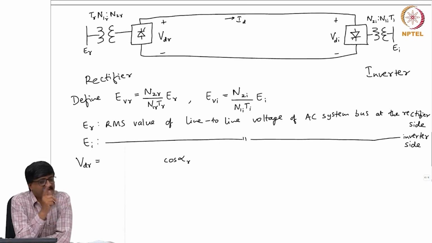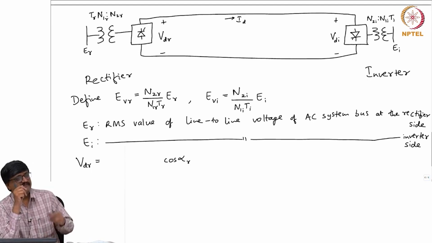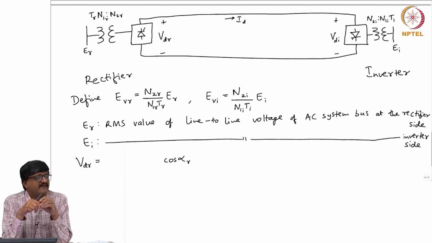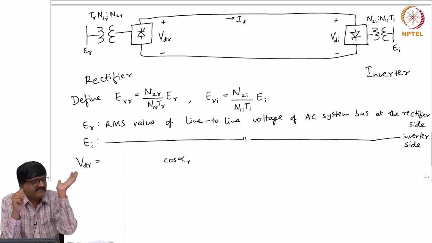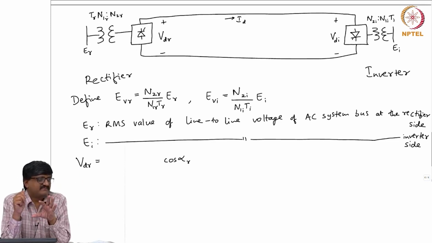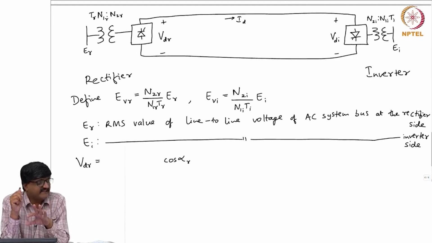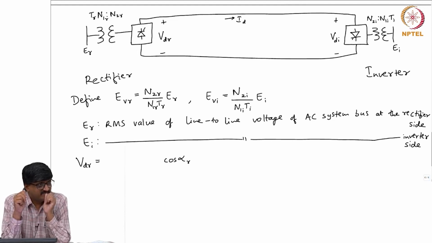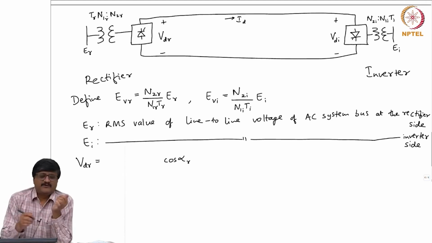If you look at the AC side representation we did earlier, what we get as a voltage source on the AC side is the transformed voltage, so it is not ER, it is EVR, the voltage behind the inductance, after the inductance.